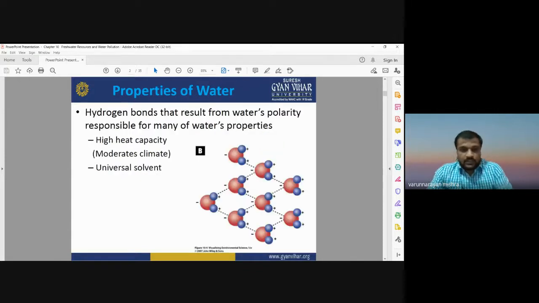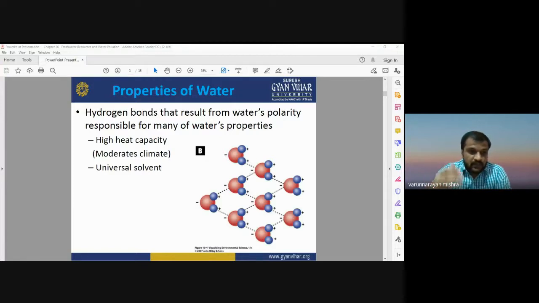Now moving to the next slide. Hydrogen bonding is a bonding between different water molecules. This bonding results from water's polarity. Polarity means it has positive and negative charges, so the positive charge forms a strong bond with the negative charge. That is the way in which the entire water molecules are connected with each other.